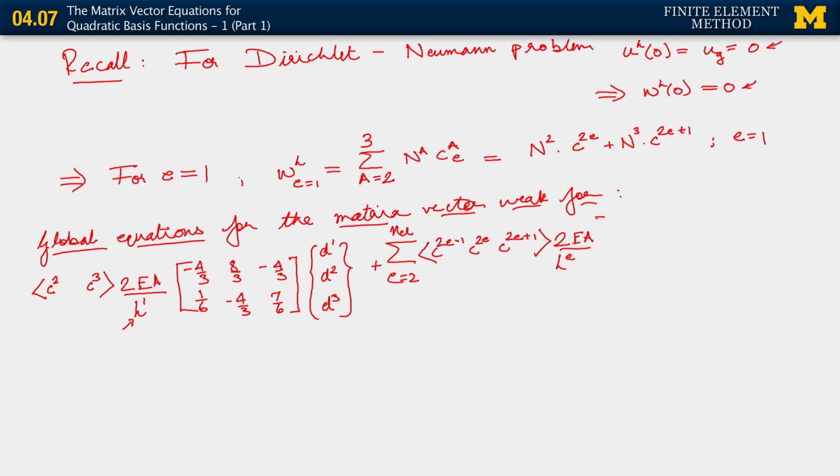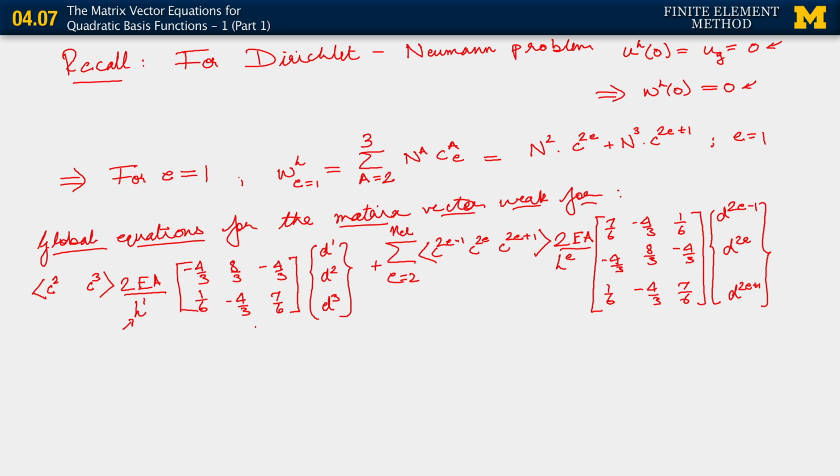Our matrix, which we developed in the previous segment, is 7 over 6, minus 4 over 3, 1 over 6, 8 over 3, minus 4 over 3, 7 over 6, completing by symmetry, all multiplying d2E minus 1, d2E, d2E plus 1, global numbering of degrees of freedom in nodes.